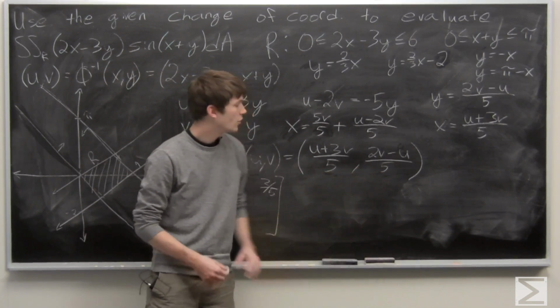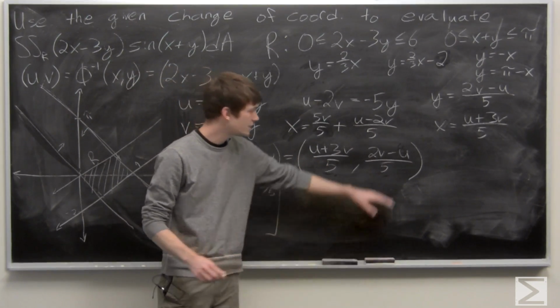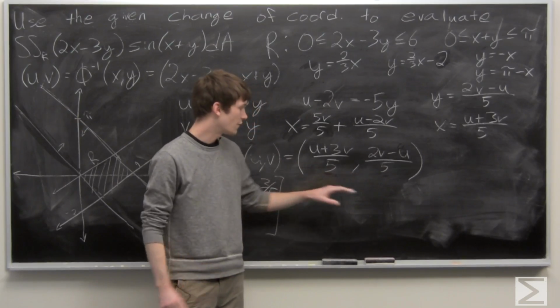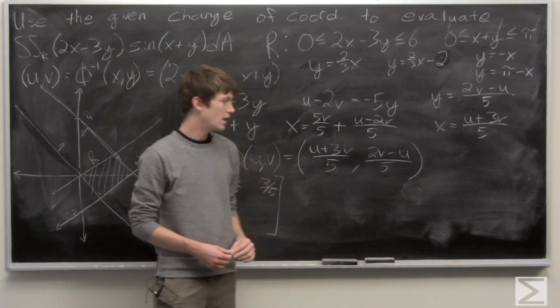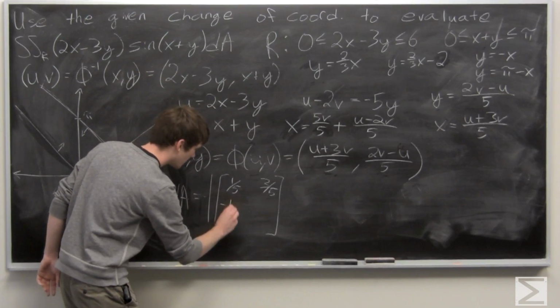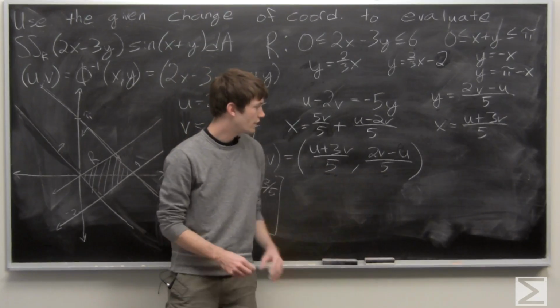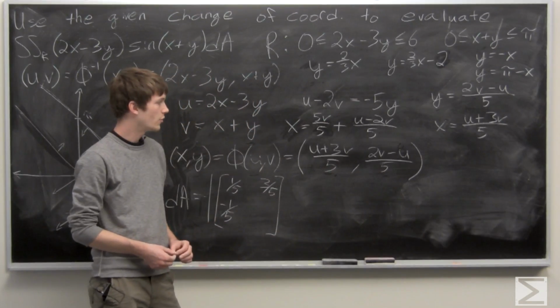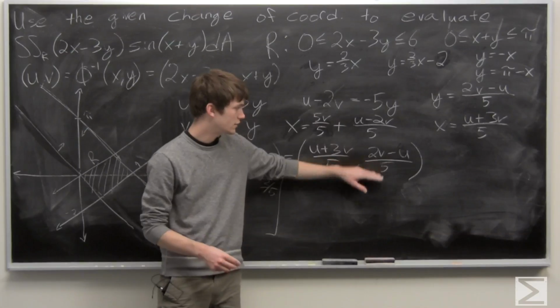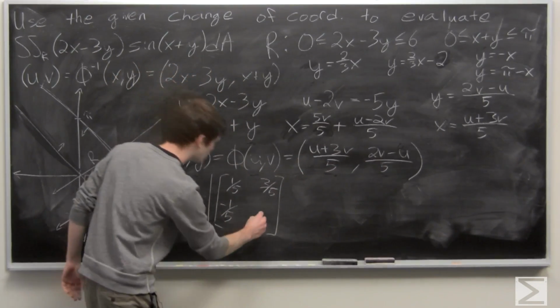And then our second component, we want to again take the partial derivative with respect to u first, since that's what we did with our first component. So we have negative u over 5, which is negative 1/5. And then our partial derivative of our second component with respect to v is 2/5 v, which turns to 2/5.